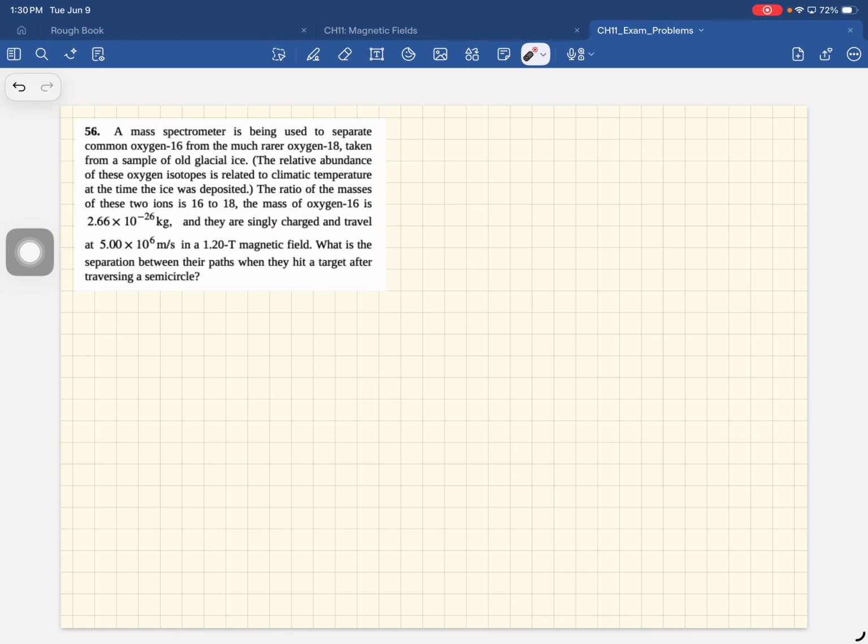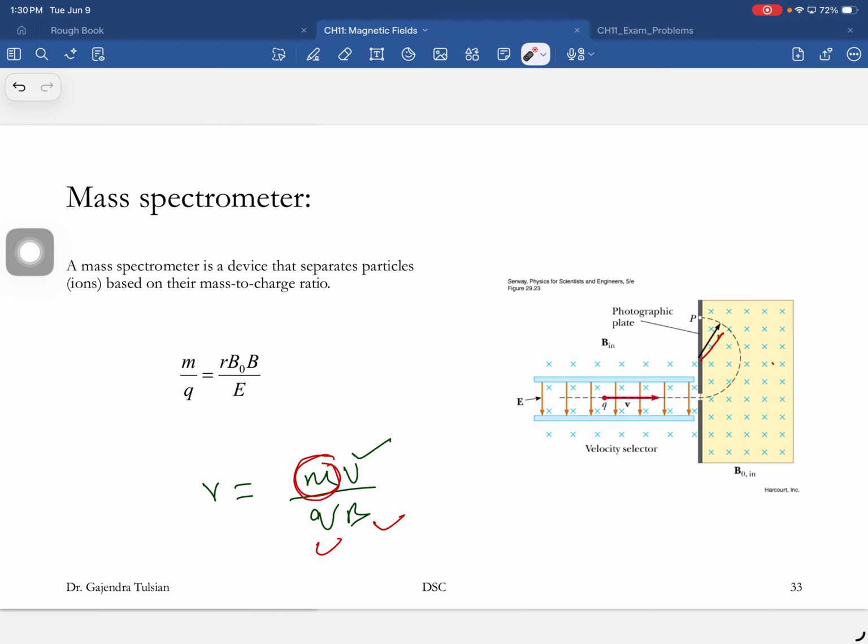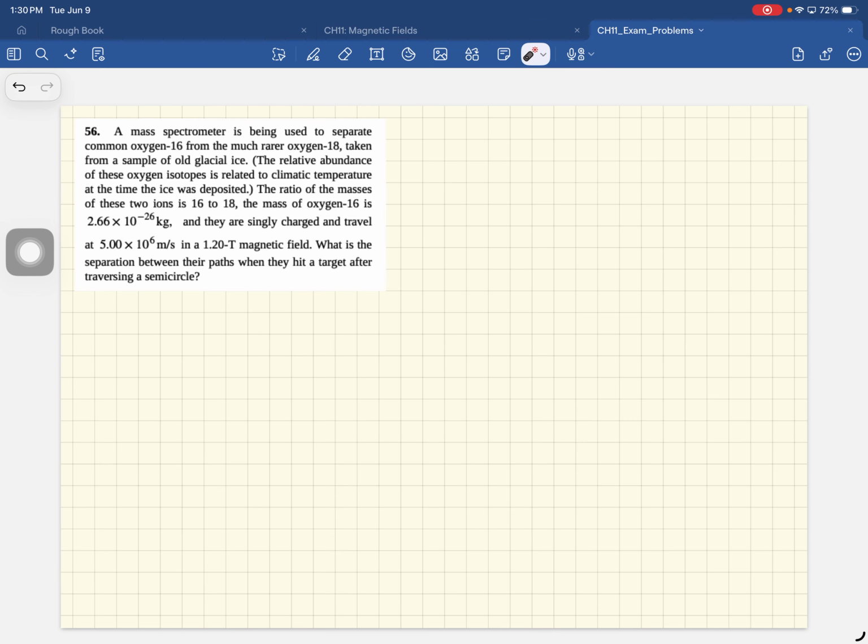So here's Antarctic ice core temperatures.